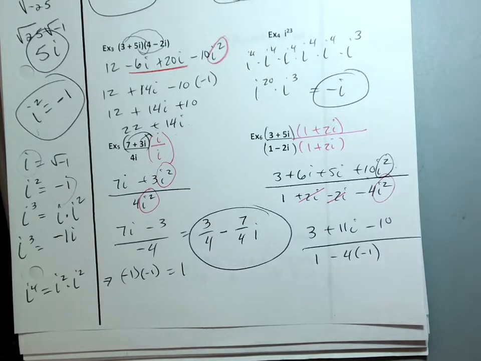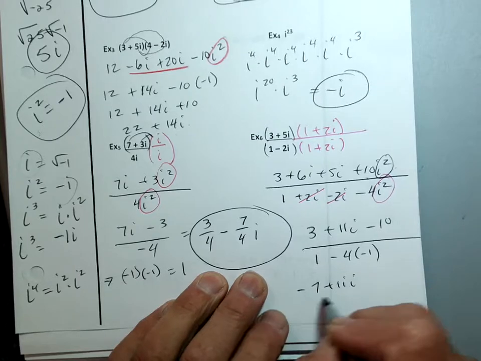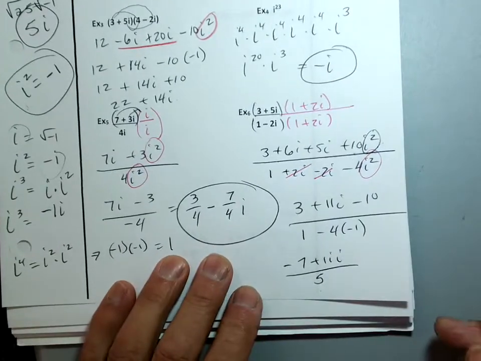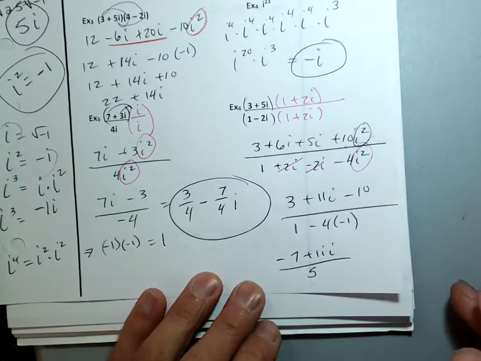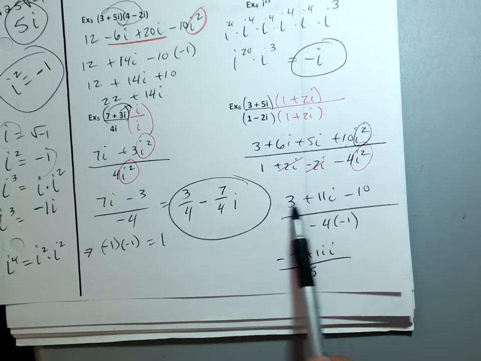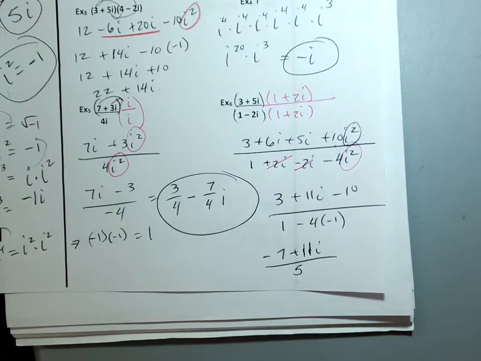Tidy up the numerator. We'll have a negative 7 plus 11i over 5. You okay with 5? Wait, is that negative 7 plus 11i? Yes, negative 7 plus 11i. Thanks, Zoe. Now, I would accept this answer, but I really don't like it because it really should be separate.